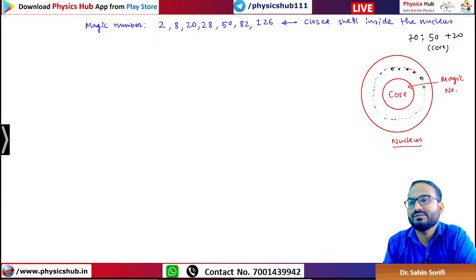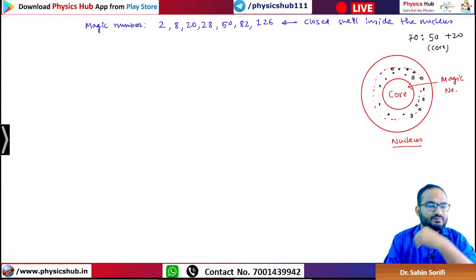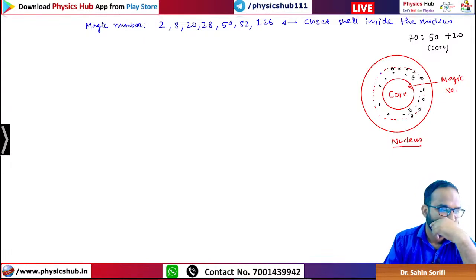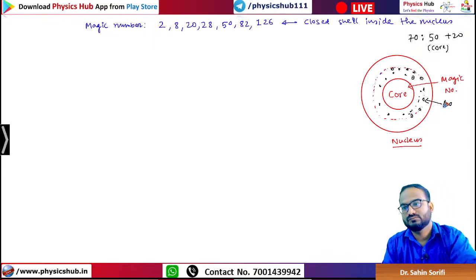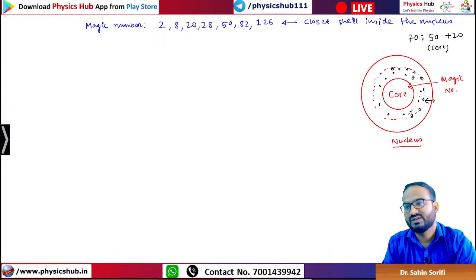These extra or surplus nucleons will be outside the core, and they will be loosely bound to the core.